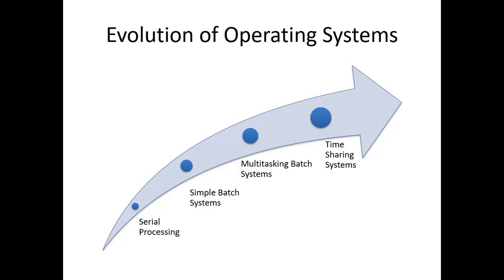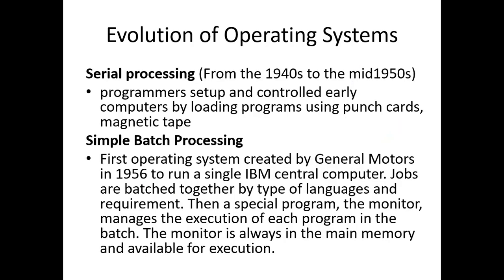Okay, just to get into details of these operating systems. Like I said, serial processing is not an operating system because most of the work is done by the programmer. The programmer set up and controlled the computers in early computers by loading programs using punch cards and magnetic tape.